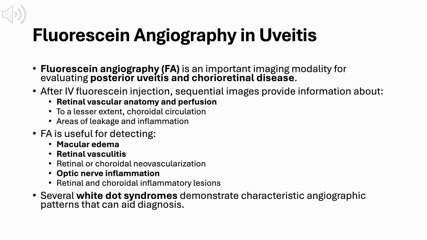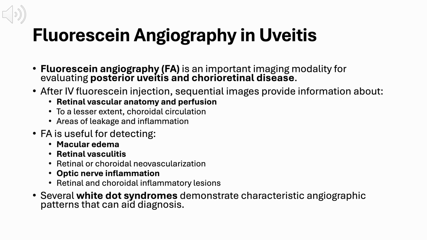Fluorescein angiography is a cornerstone for evaluating posterior uveitis and chorioretinal disease. After an intravenous injection of fluorescein dye, sequential images map the retinal vascular anatomy and perfusion, give some information about the choroidal circulation, and highlight areas of leakage and inflammation.